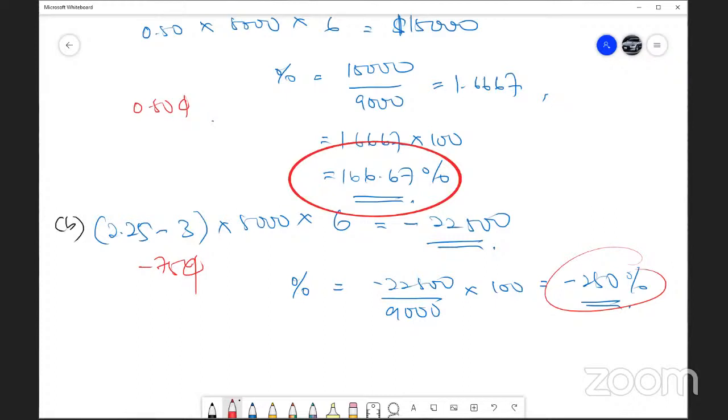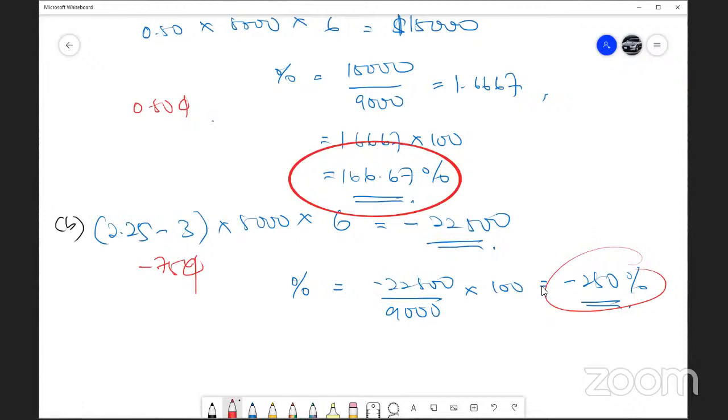So 2D, they're asking you why B and C are different. So of course it's different, right? Because one is only gaining 50 cents, one is losing 75 cents. Of course, the percentage is different. So the question is not very good here. Basically the question is trying to tell you how come the fluctuation is so big.